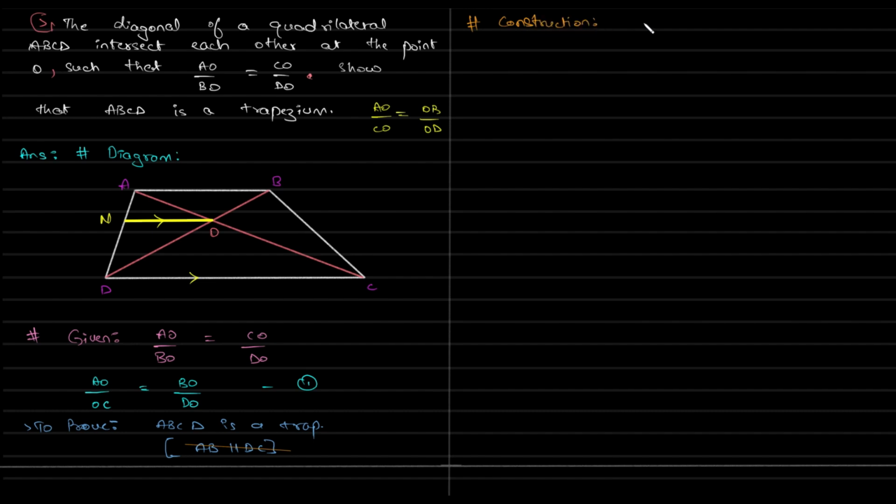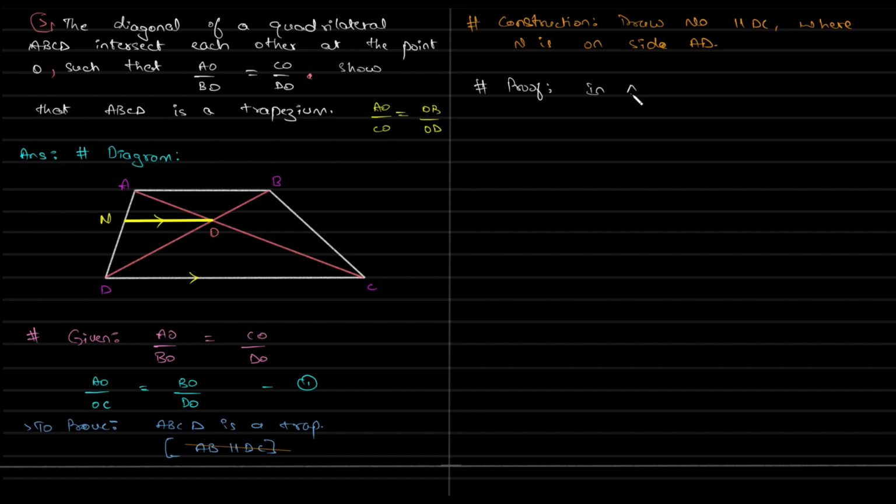Construction. Draw NO parallel to DC, where we need to tell where N is. N is on side AD. Okay, so that's our construction. Then we'll start with the proof.